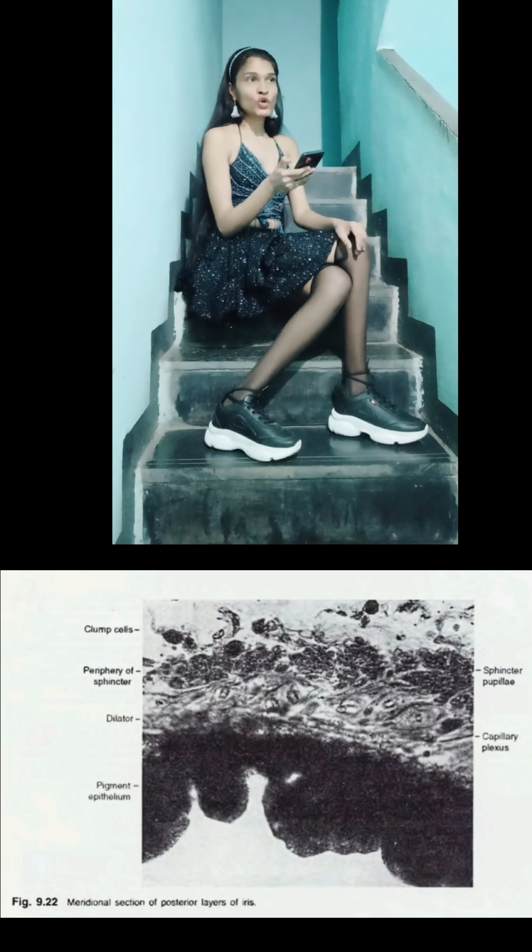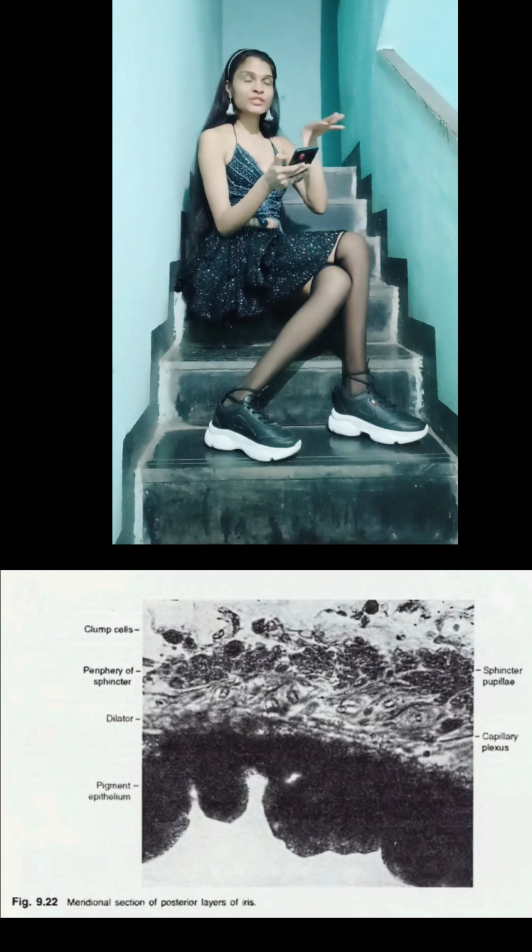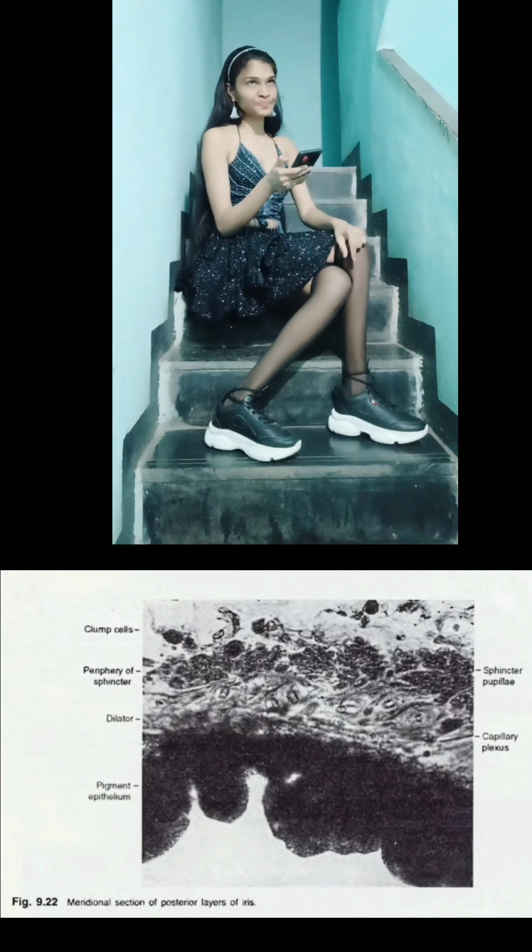Also, these collagen fibrils are attached to the anterior border layer, then to the muscles of the iris, the dilator and sphincter pupillae muscles, and also to the ciliary body stroma. And this connective tissue of the iris is devoid of elastic fibers. So that was about the stroma of the iris in short.